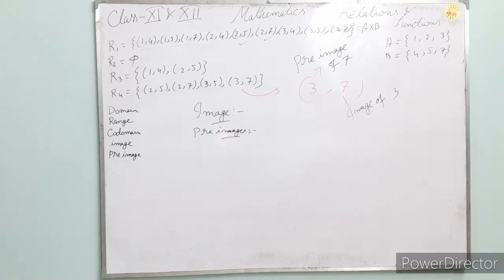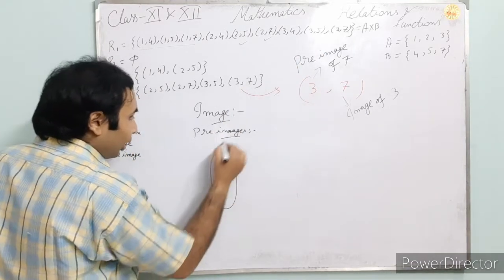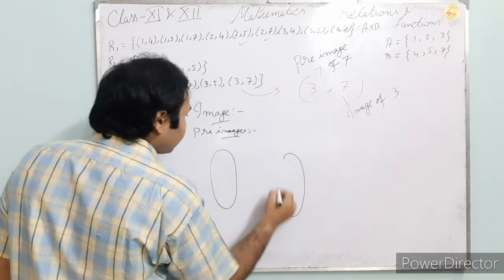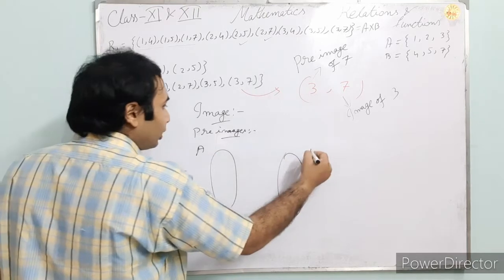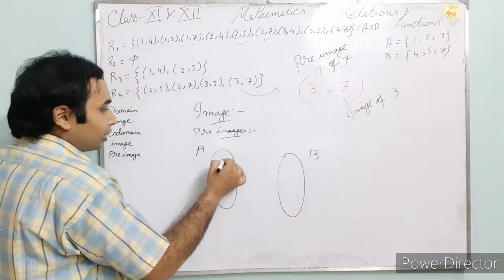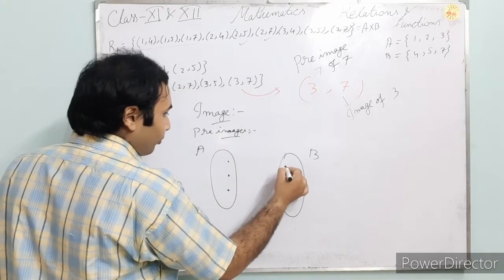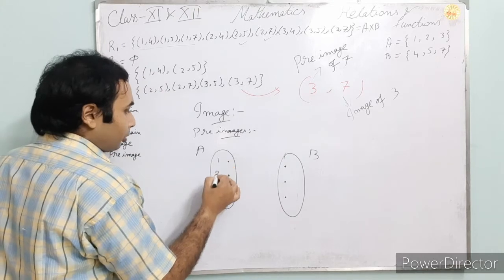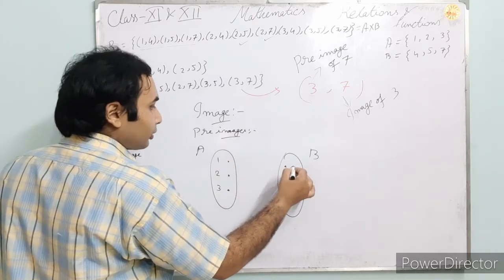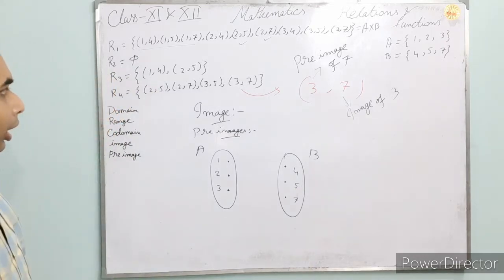Now, if we draw those two sets A and B, we can represent the sets like this. This is A, this is B, and there are 3 points: 1, 2, 3, and 4, 5, and 7.